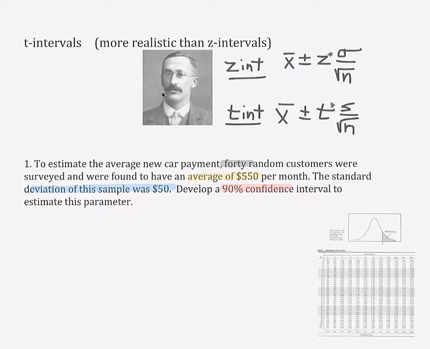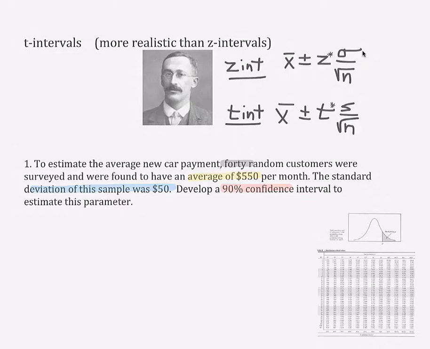He worked for the Guinness Brewery and decided that in his scientific research, looking for ways to craft a better beer, he realized that there was a deficiency in the z-interval formula they were using, where you were using a standard deviation that came from a population to estimate the true average from a population.